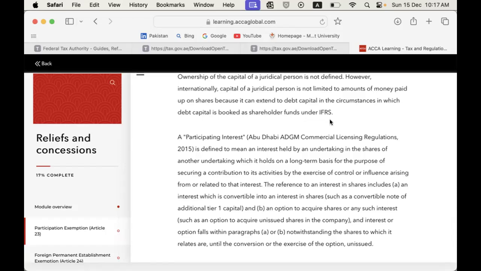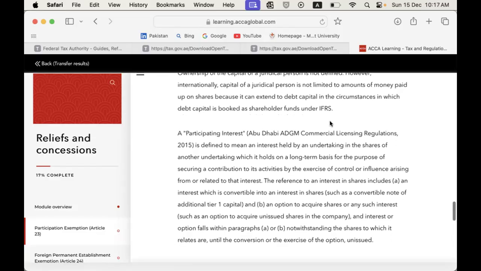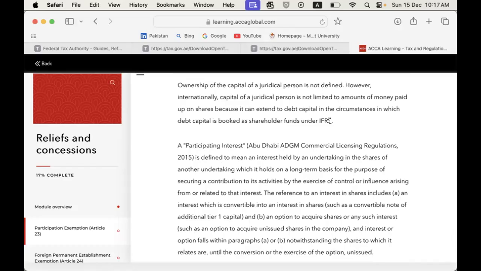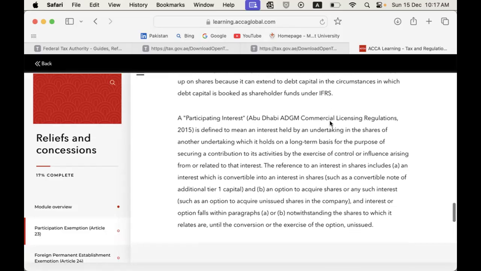This is something that you might see in any part of the world, including the UAE, where under IFRS, even a loan given by shareholders may meet the criteria of equity. So apparently it's a loan, but it meets the conditions of equity, and it will be presented on the financial statements as equity.